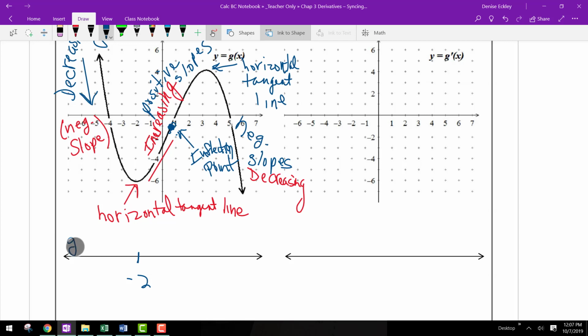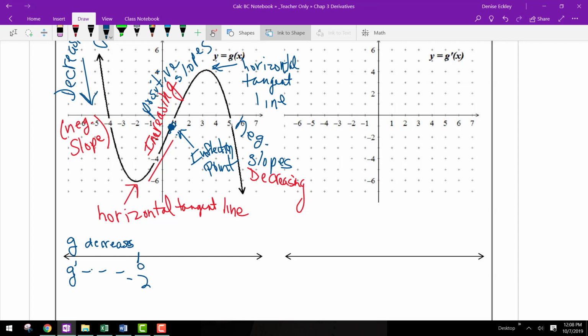We have G decreases. So that's going to be the same for G prime along here. It's all going to be negative numbers because it's decreasing. So we're going to have negative G primes. And then here at -2, we're going to have a 0 slope.